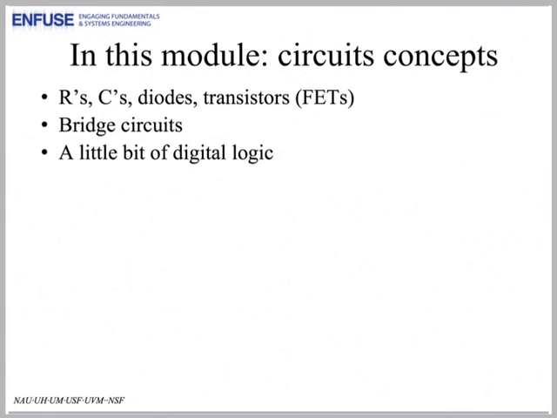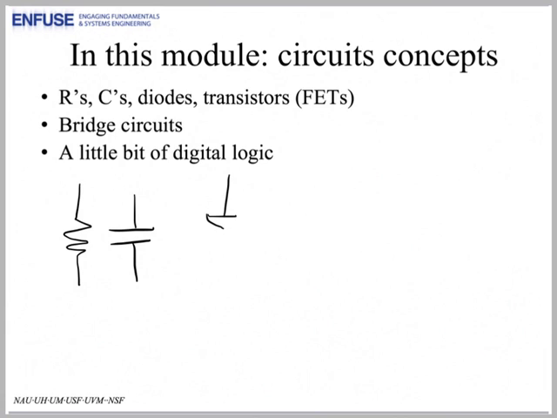As part of the ENFUSE learning approach, we will discuss both circuits and systems concepts. As far as the circuits concepts are concerned, we'll be covering some of the things you're familiar with, like resistors and capacitors, but we will also be covering other new devices that you may not have seen before. And these are nonlinear devices.